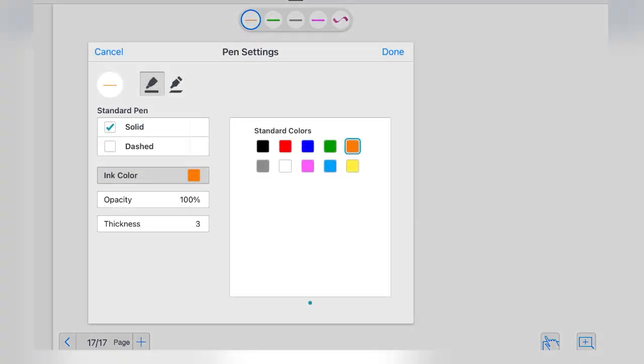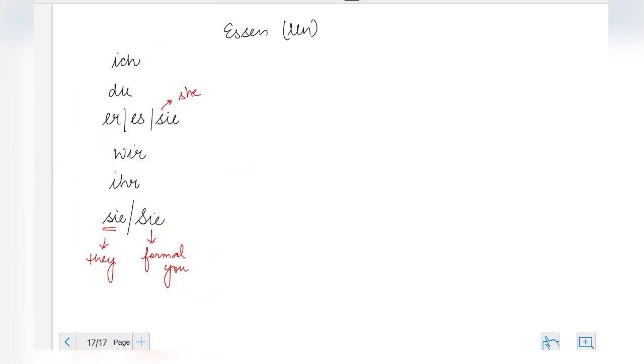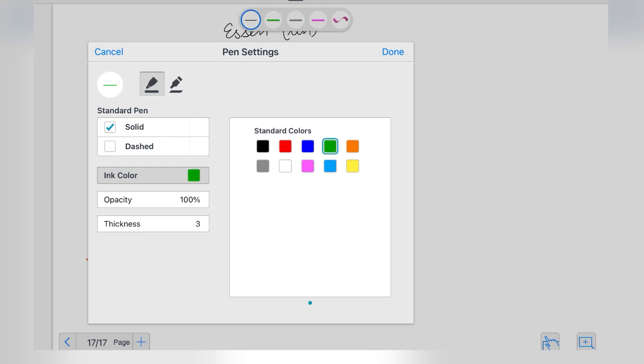Now unregelmäßige Verben. For irregular verb, we have the verb essen. Let's take a common example of the verb, which is essen. Essen is unregelmäßig. Let's quickly discuss the conjugation of this irregular verb, essen.